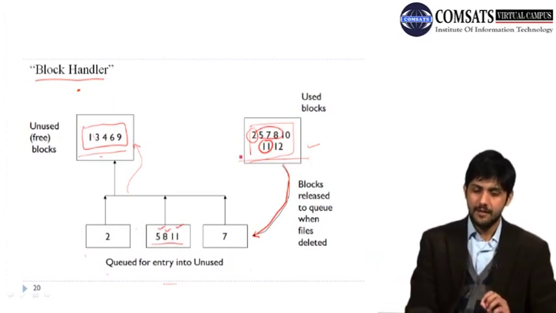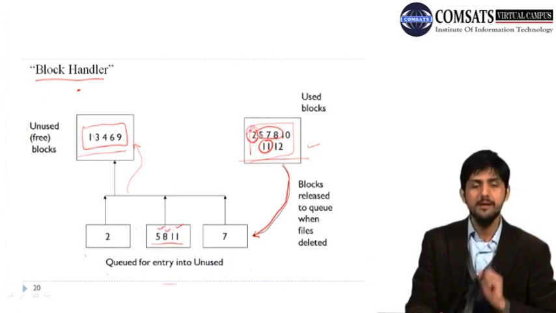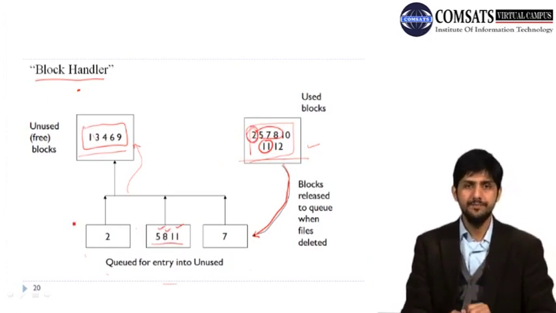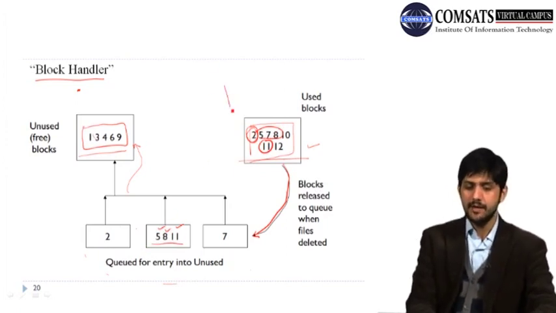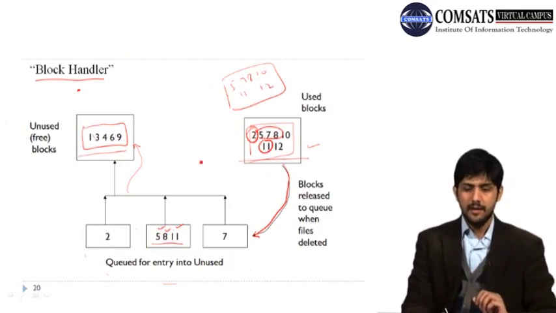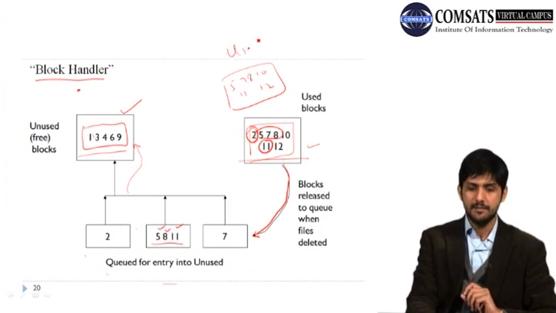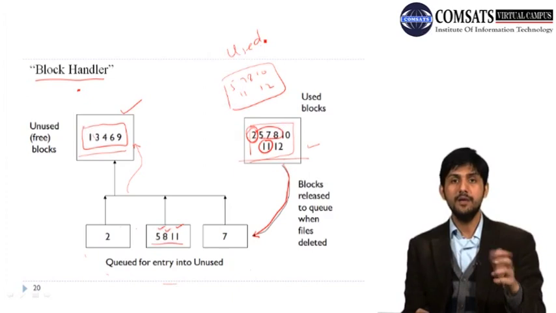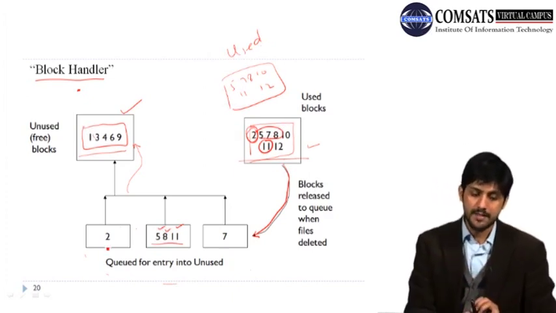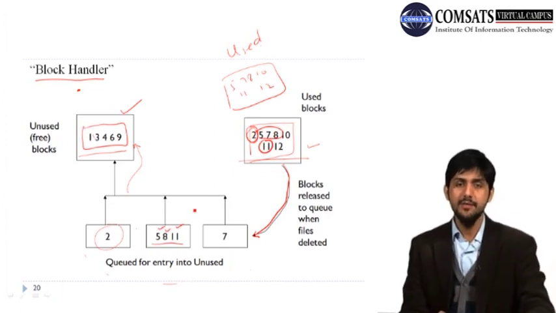So for example, what could have happened is that we remove 2 from here and add it to the queue, but it is still in the queue. Let's say we write 5, 7, 8, 10, 11 and 12, and we have the same set of unused blocks and this is the set of used blocks. Although the file to which block 2 was allocated is deleted, the block is still in the queue.